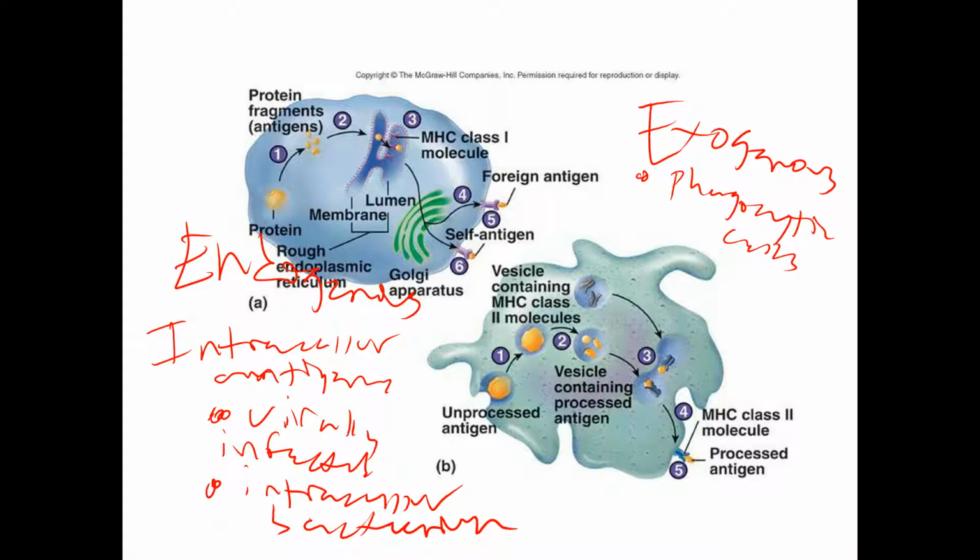These phagocytic cells engulf foreign antigens, foreign cells, like bacteria, for instance, and they'll process the bacteria by the normal phagocytic route of taking that vacuole and fusing it with a lysosome and breaking down the cellular components, and then those components get displayed on MHC class 2 surface markers. So those processed antigens are displayed on MHC class 2.